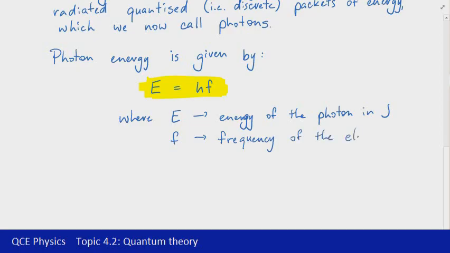Note that we're now linking waves with energy, and if we're dealing with a frequency, it's going to be measured in hertz. And the final value there, h, is known as Planck's constant.